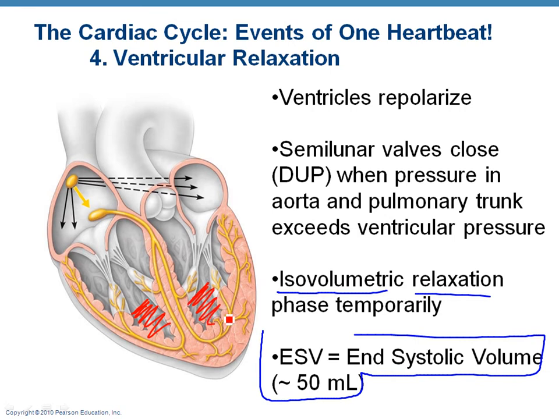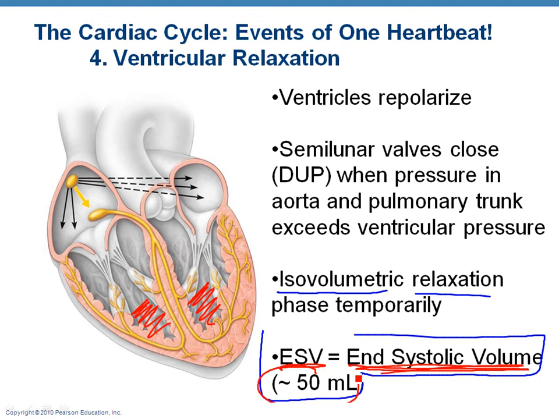Okay, so you might think, okay, well, the ventricles, they contract pretty forcefully. They should have squeezed all that blood out of there, but you know that blood's moving against gravity, and not all of it gets squeezed out. So, typically in an average adult, you have about 50 milliliters of blood left over. Okay, so that's called our end systolic volume.